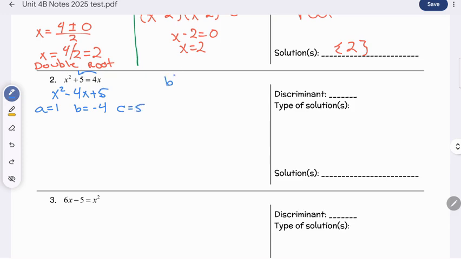So my discriminant, b squared minus 4ac, is going to be equal to negative 4 squared, which is 16, minus 4 times a, which is 1, times c, which is 5. That is going to be 16 minus 20, which is negative 4.